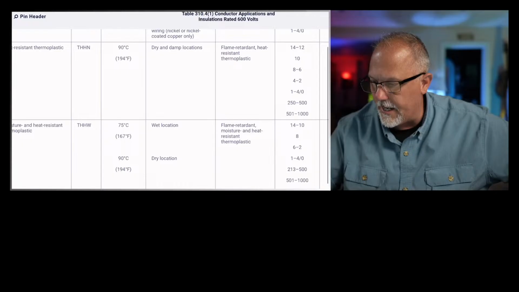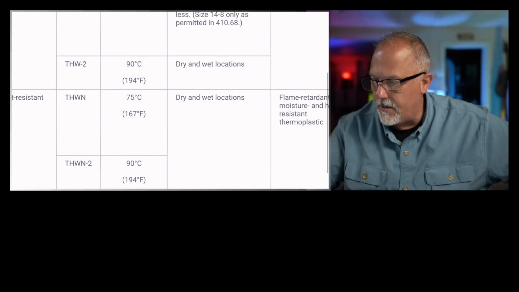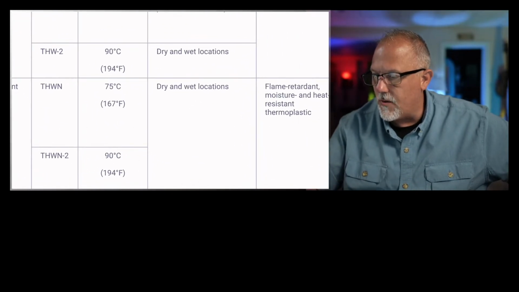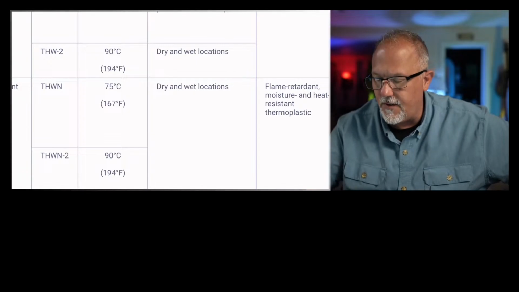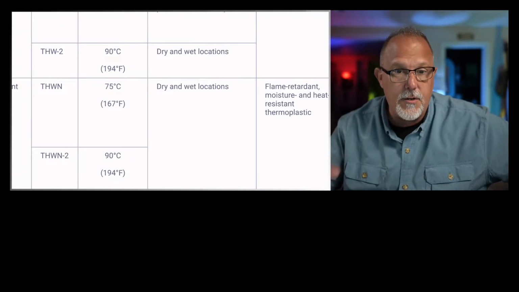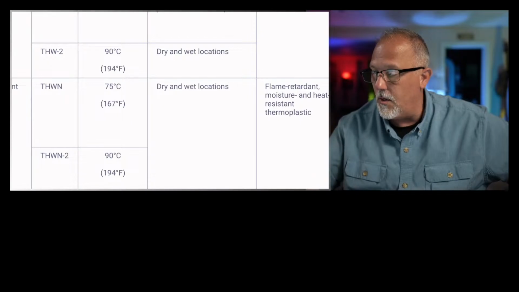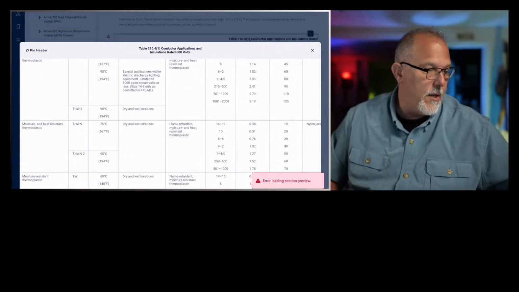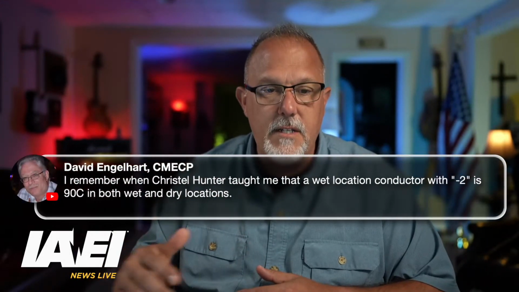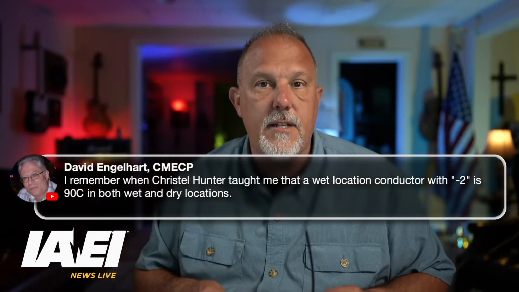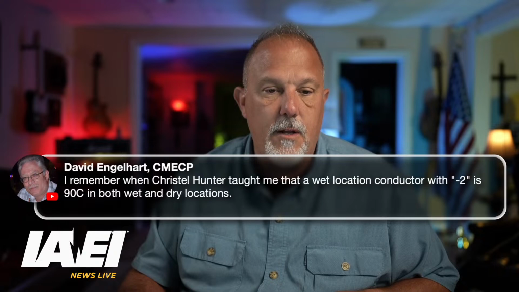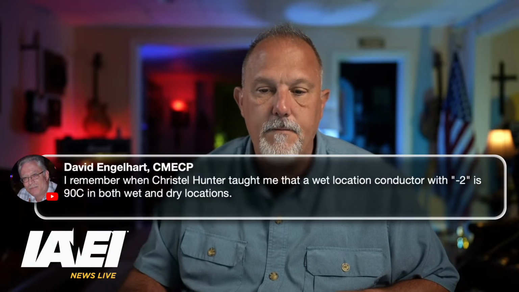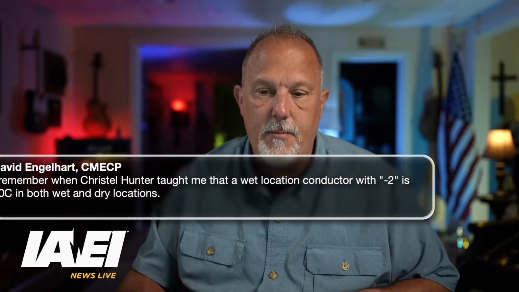Let's look for another -2. Here we go. THWN-2, dry and wet location, 90 degrees C, versus 75 degrees C. There's a lot you can learn from this table, which is Table 310.4(1). So studying some of these applications and studying the tables can teach you a lot when you start to investigate more and more.